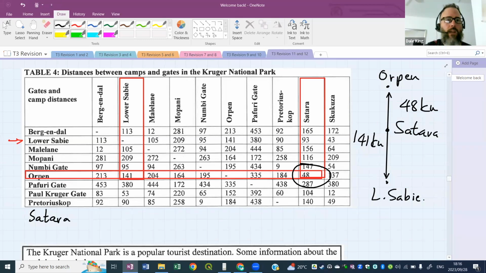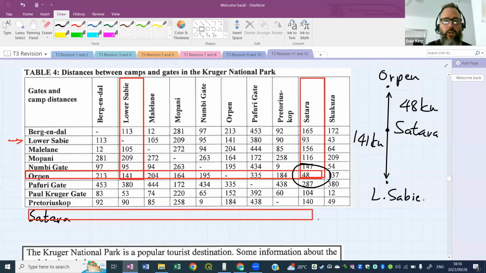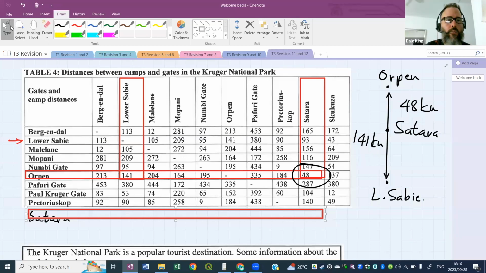If we had Satara's information here like this, we could go across from Satara to the Lower Sabi, and where it would meet at the bottom here would be a figure that would tell us. We don't have Satara in here.